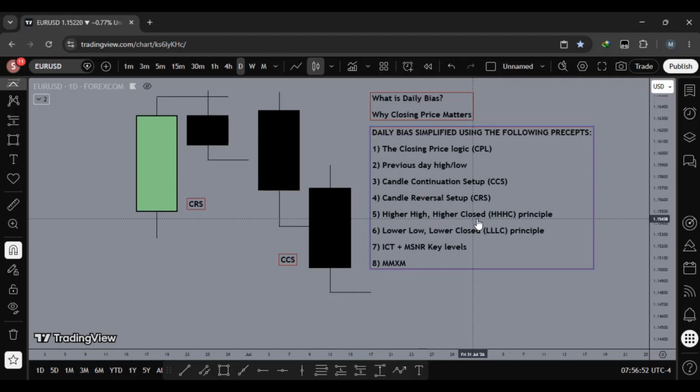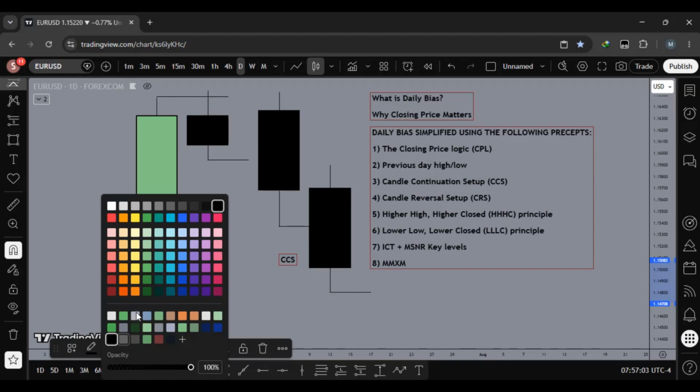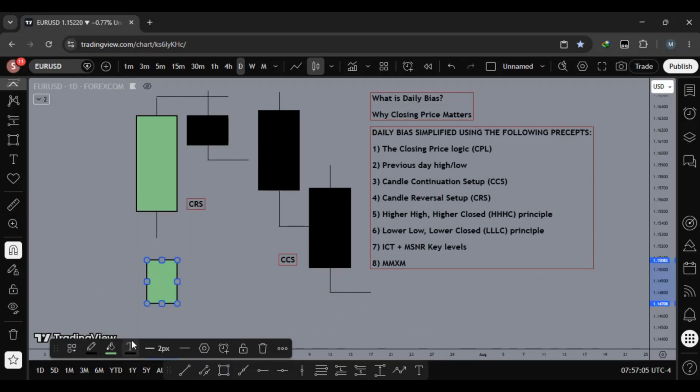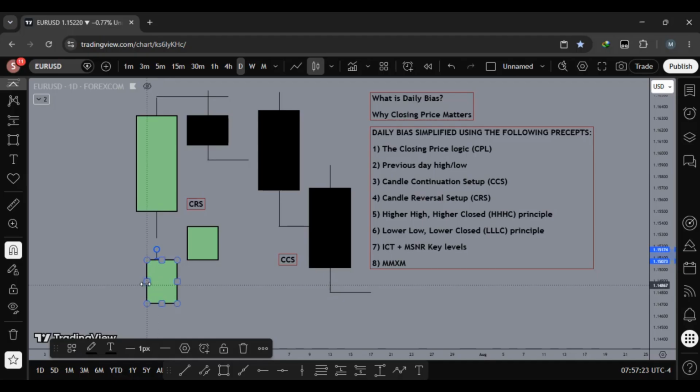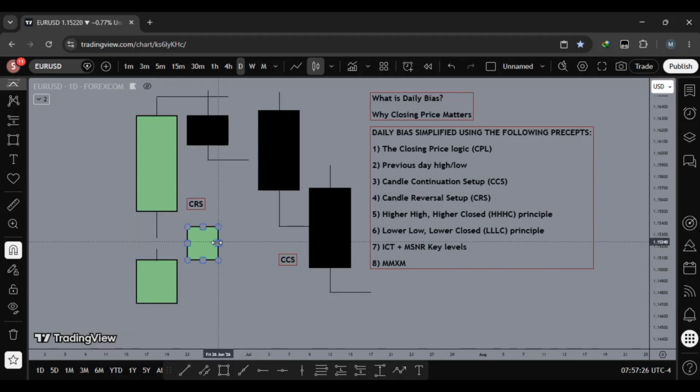Higher high, higher close principle. Higher high, higher close means when you have two bullish candles, and the wick of this one is like this, and the wick of this one is like this.